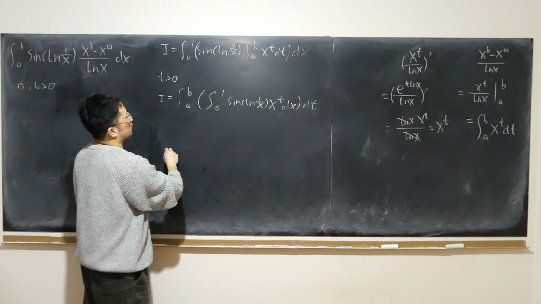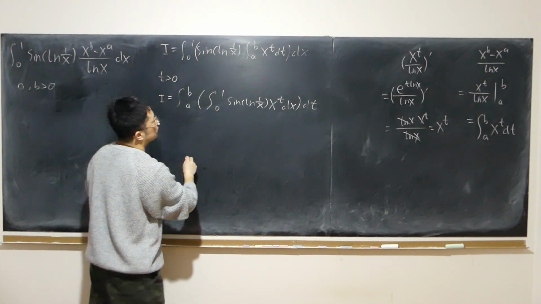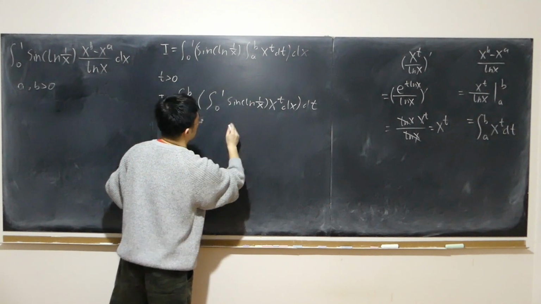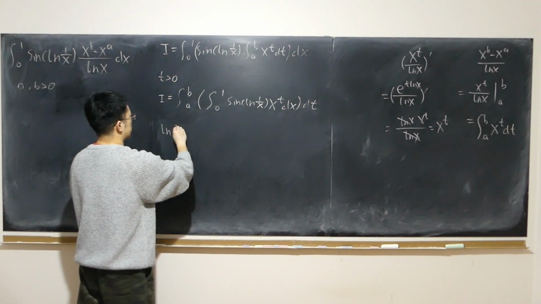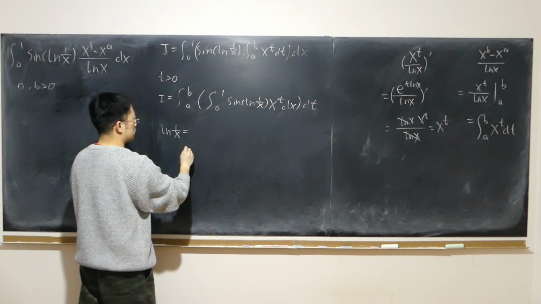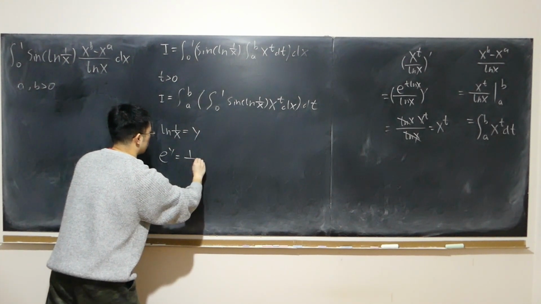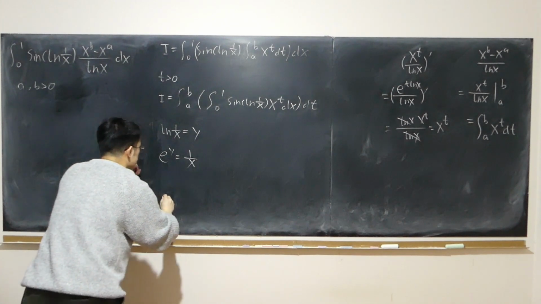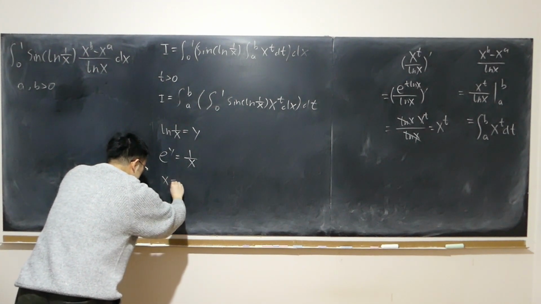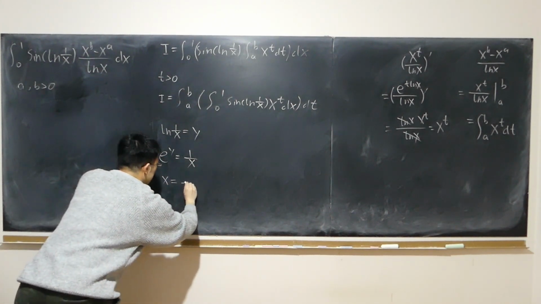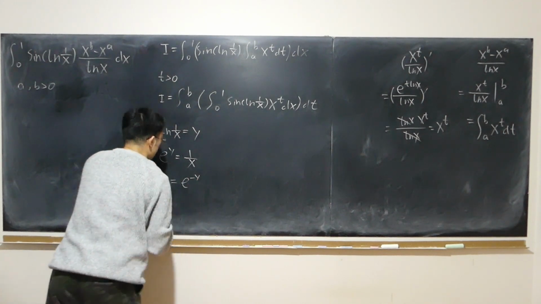So this time I'm going to look at this log of 1 over x. Perhaps I should let this equal y. So e to the y is equal to 1 over x. So x is equal to its reciprocal, e to the minus y.